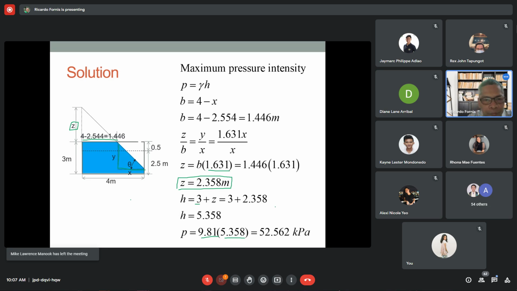Now the question is, what is the force acting on the wall? The wall's dimension is 2 meters by 3 meters, but the liquid pressure acting on it would be like this.